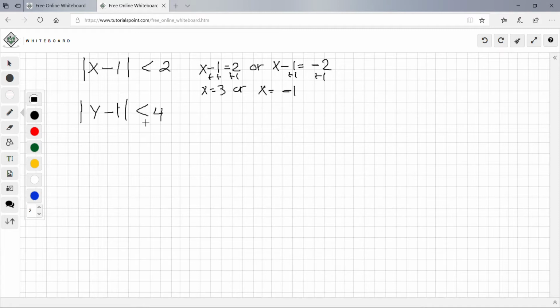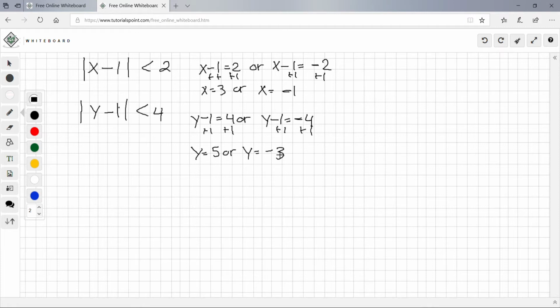The same for this one. So it's going to be y minus 1 equals 4, or y minus 1 equals negative 4. Add 1 to both sides. So you get y equals 5, or y equals negative 3.